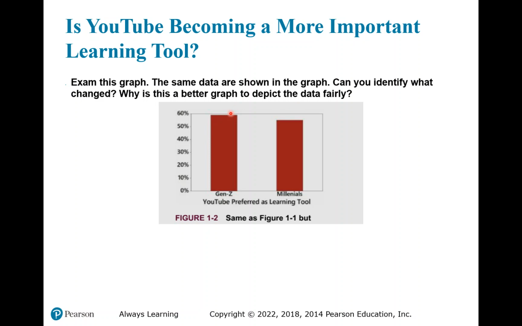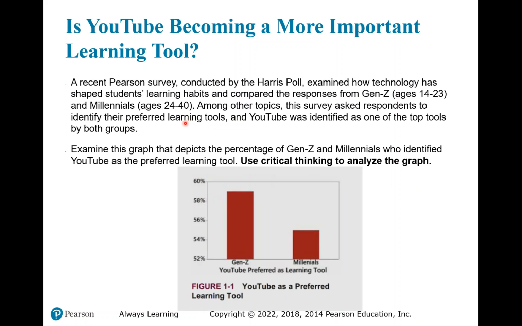So what changed? Well, the y-axis is now starting at 0% and it's going up by increments of 10%. On the previous graph, the y-axis started at 52% and went up in increments of 2% up to 60.